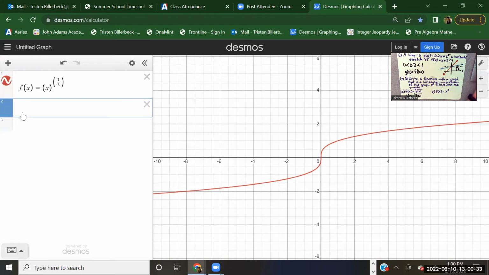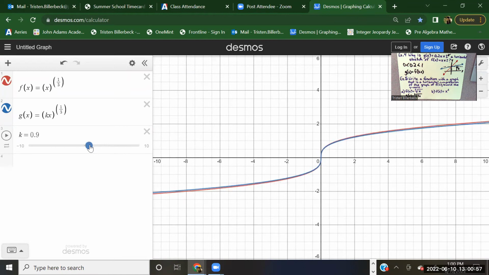So what we're going to do is g(x) equals, and let's just copy this really quickly, but I'm going to put a k right there, and we're going to add that k slider. Let's see what happens when it's a fraction.